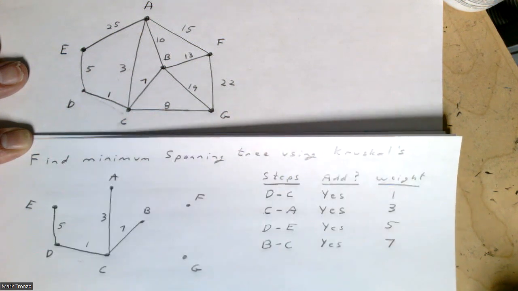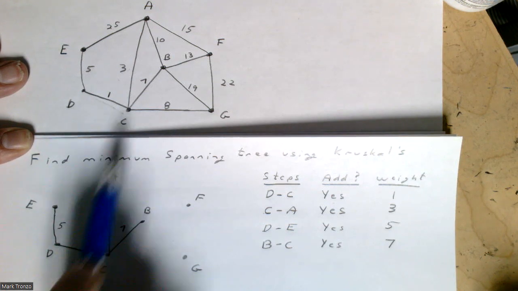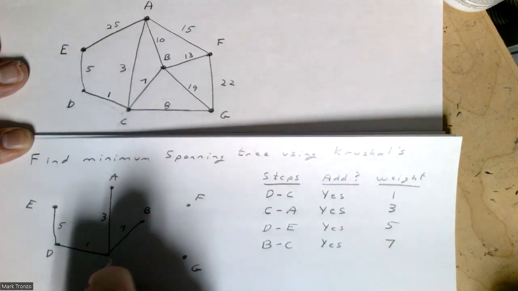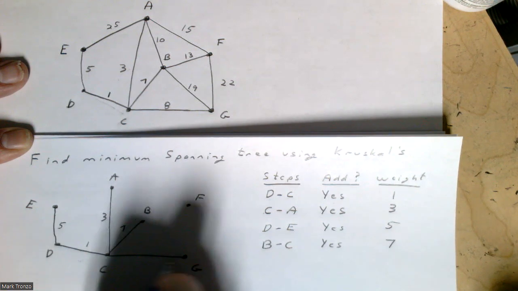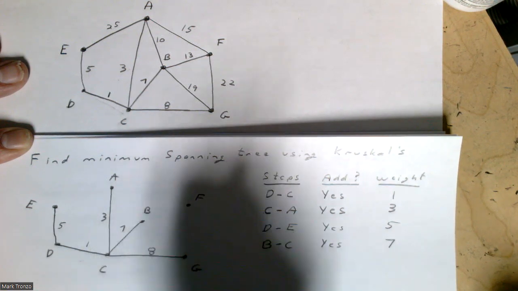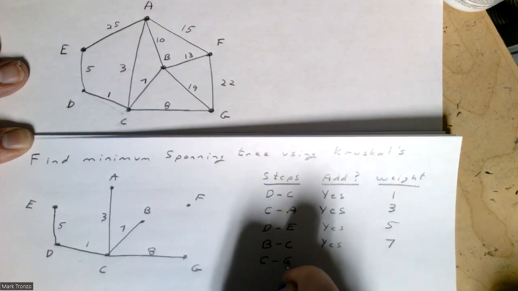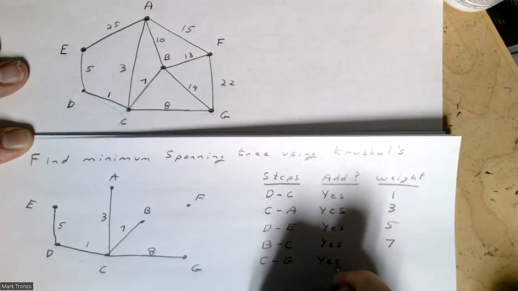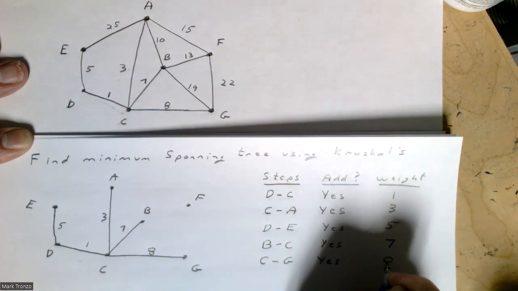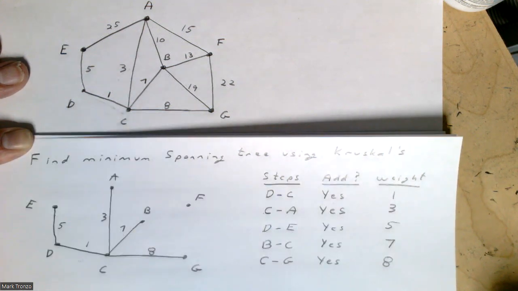That was a 7. And the next smallest one is going to be an 8, and that was CG, or GC.